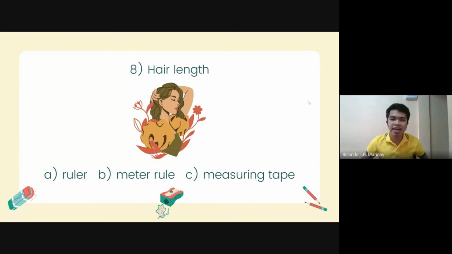Number 8, hair length. A, B, or C for the hair. For the woman's hair, for the girl's hair.